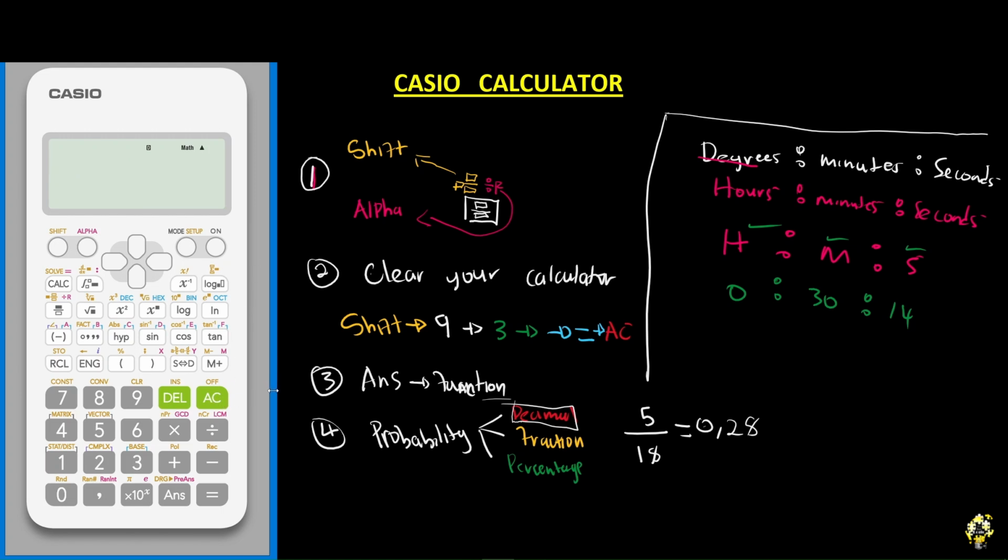Because you do not have hours, you say 0. When you say 0 and then click this, your calculator understands that now we're talking about 0 hours. The number that you click next, the calculator already understands that these are minutes. And lastly, what you click, these are seconds. That's why if I say equals, it's going to give me 0 hours, 30 minutes, and 14 seconds.